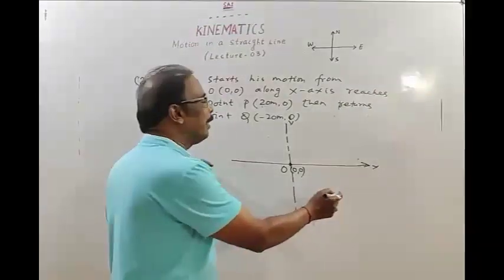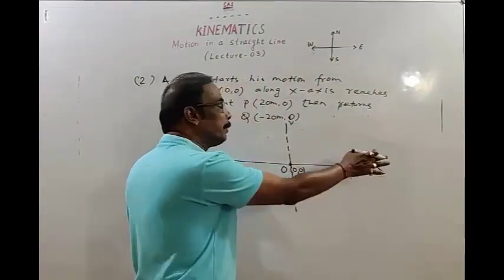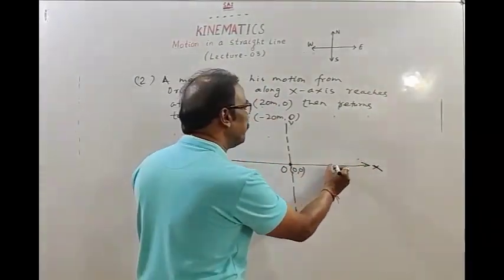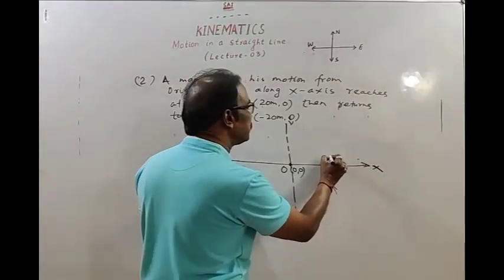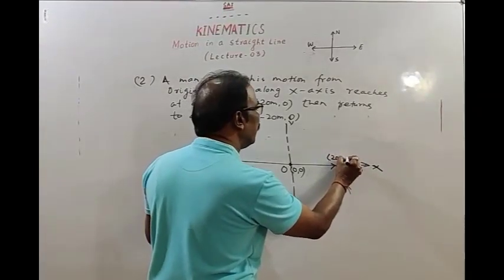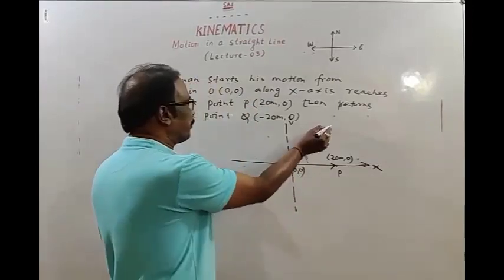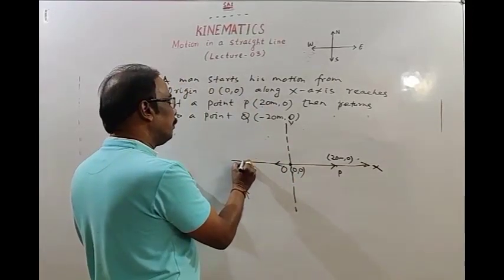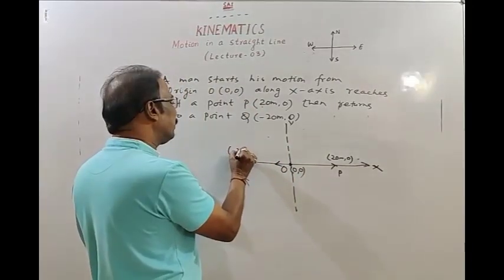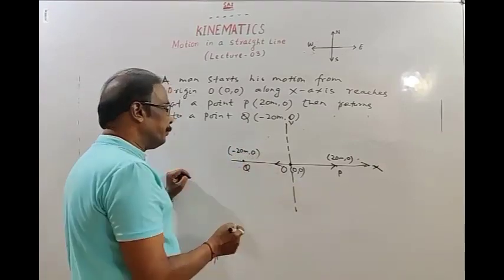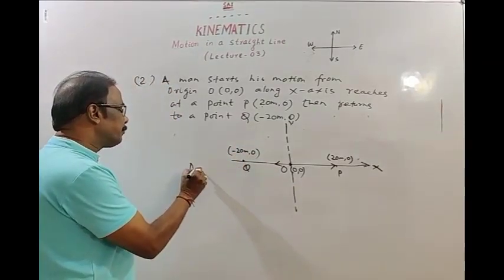So obviously the man has moved along positive x-axis direction. He returns back to a point Q. The coordinates are minus 20 meter and 0. So you have to find distance. Let's first find distance.